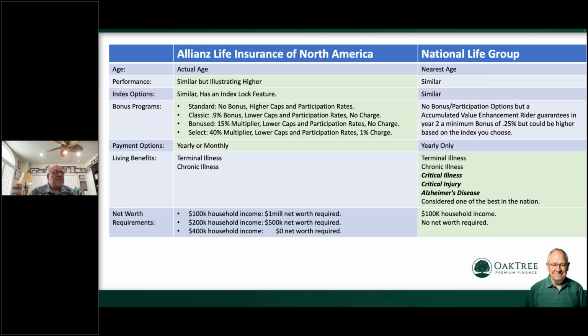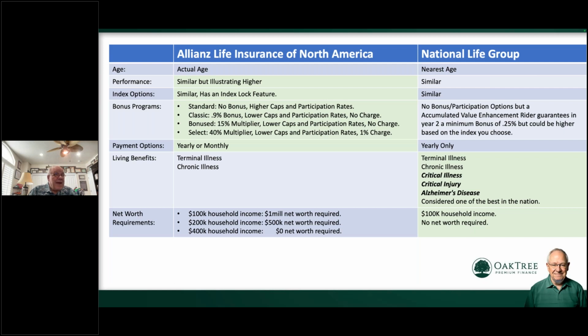This is fun putting this together during this last month. Allianz and National are the two major companies we're using for Kaizen right now. And I want to just compare them because you kind of make a decision which one you think you want to go with.